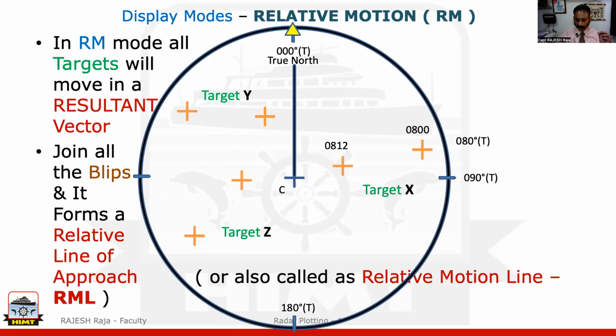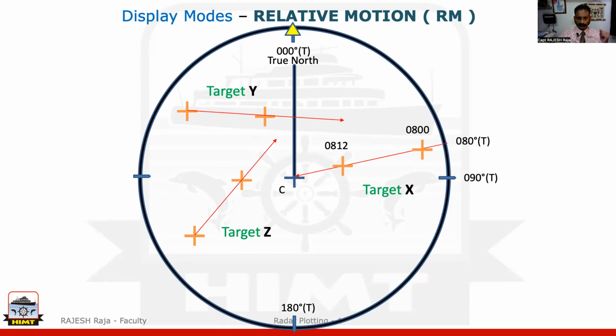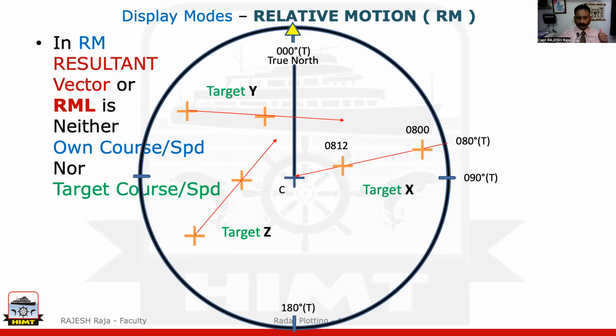How do you get it? All you have to do is join the first and the second blip of each target. So I've joined the first and second blip here, target X, target Y, and target Z. I've got it. As I told you, your RML is neither your own course and speed nor the target's course and speed, but it is a resultant.